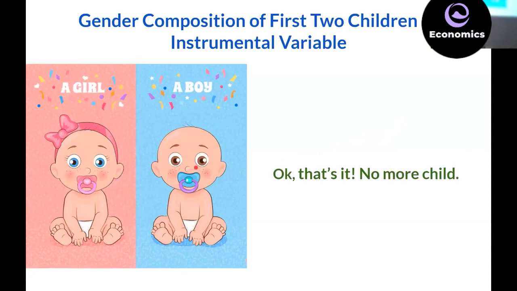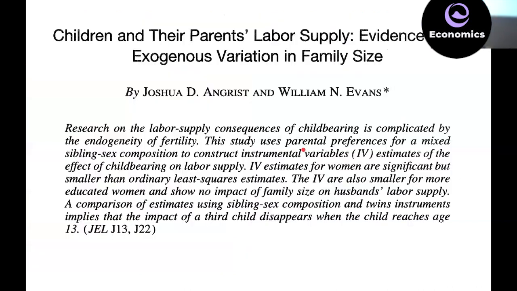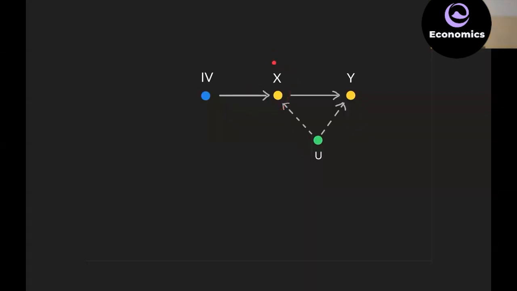That kind of randomness, that kind of experiment done by nature, induces a subset of parents to have 2 children or 3. And that's precisely the instrumental variable: for parents with 2 or more children, whether the genders of the first 2 children are the same or not.